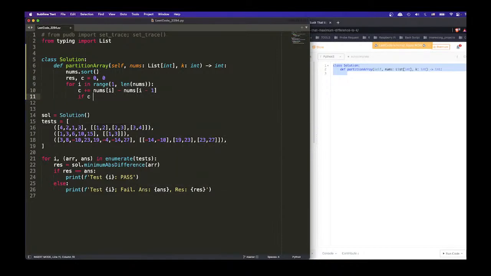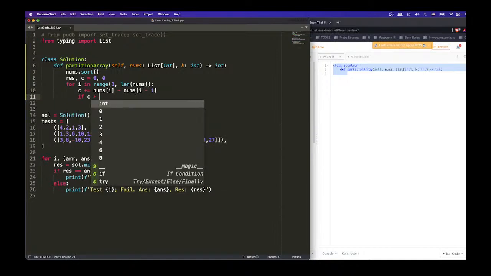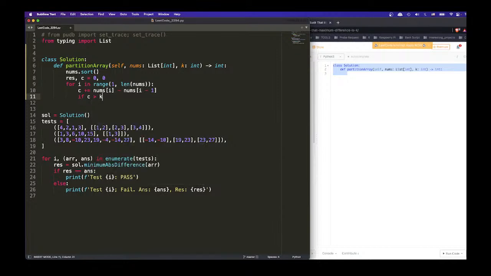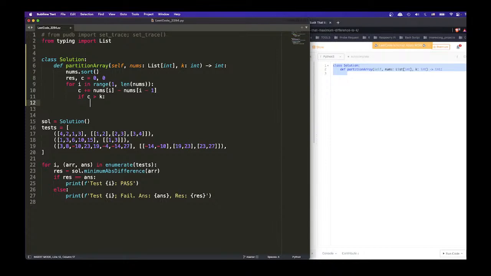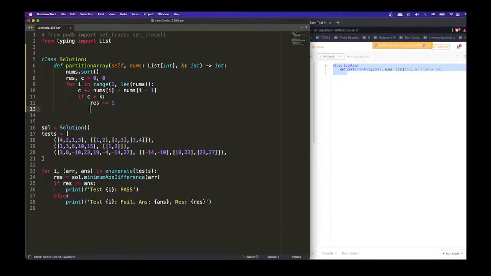If C is larger than K, if it's equal to K, that's fine. We want C larger than K. If C is larger than K, then res plus equal 1. So whatever's the previous one, we will say that's a group. And after that, we reset C, right? And the current one, just skip.